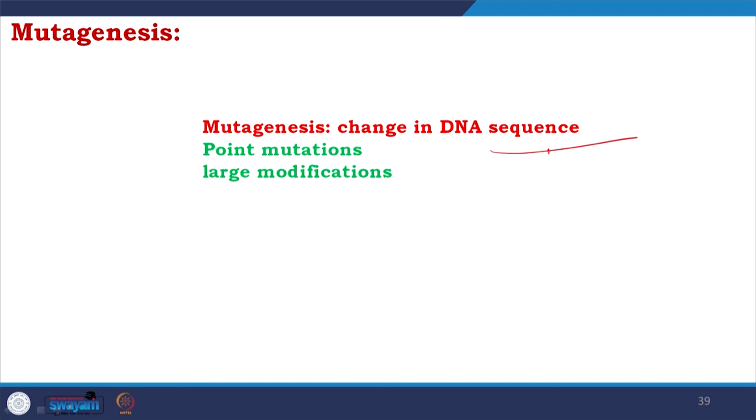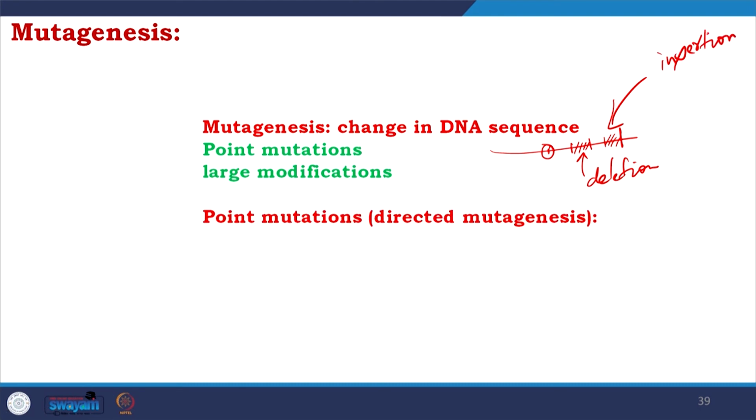So, this is a point mutation. If you want to cut this part, this is deletion. If you want to incorporate a new part, an extra part, this is insertion. In that way large modifications could be done.